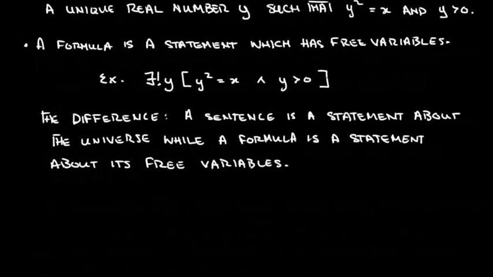Now, what we do with formulas, since they are statements about their free variables, is very often we'll abbreviate them by, for instance, a Greek letter phi, and say that it is a statement about the free variable x. Now, since a formula is a statement about x in this case, it is subject to being true or false depending on the value that x takes.